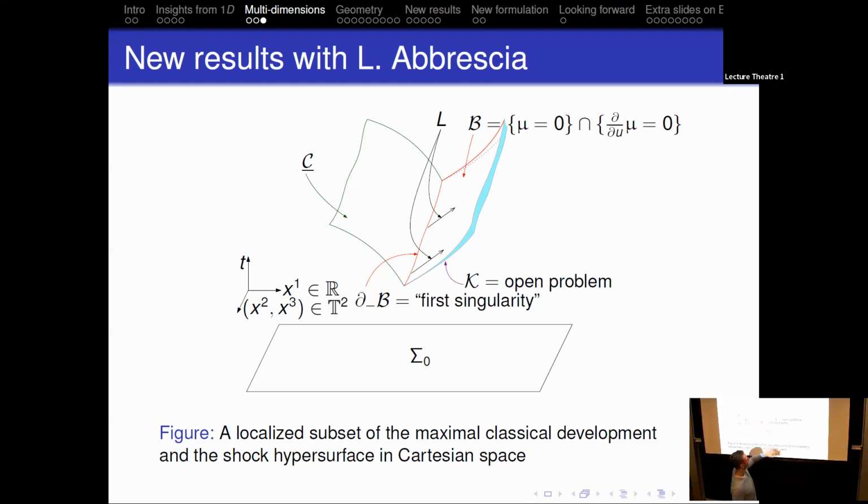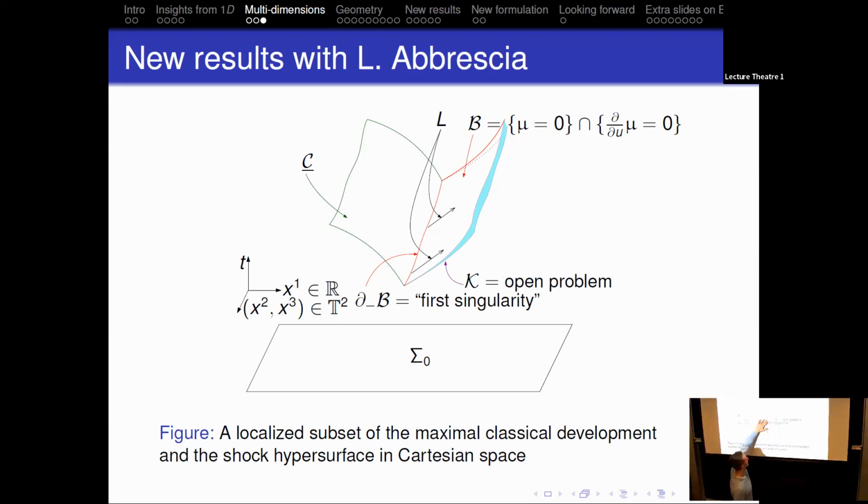Now this hypersurface that's called K in this picture corresponds to the open problem that I called the shock development problem earlier. So what is K? K is a codimension 1 hypersurface that, like the singular boundary and Cauchy horizon, should emanate from the crease.